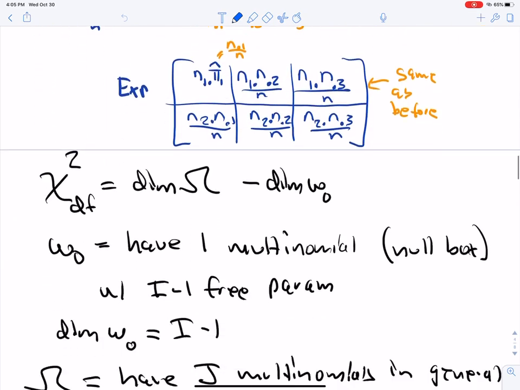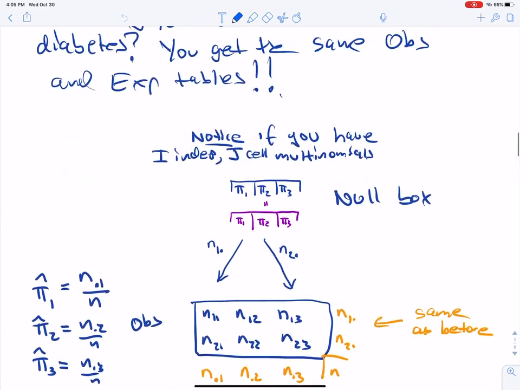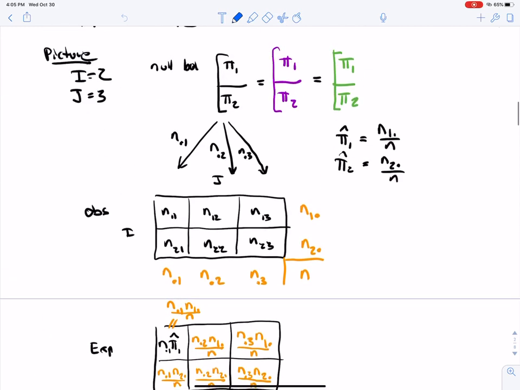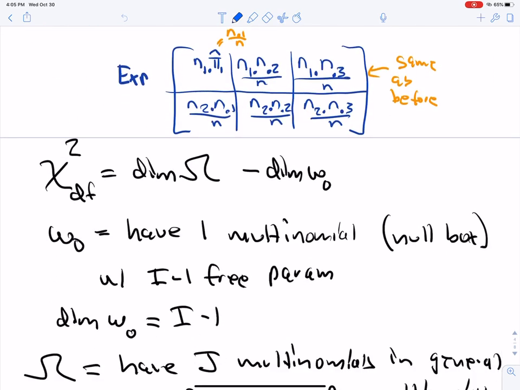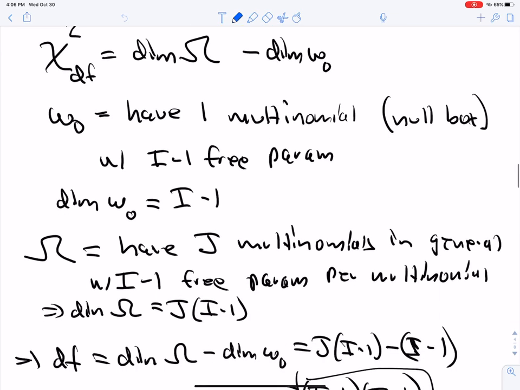But let's go back. You could compute the chi-squared statistic now very easily from the observed and expected tables. We need to figure out the degrees of freedom. So chi-squared is the dimension of omega minus the dimension of little omega. Little omega is, here we have one multinomial, because our null is that there's just one, with I minus 1 free parameters, hence the dimension of omega naught is I minus 1.